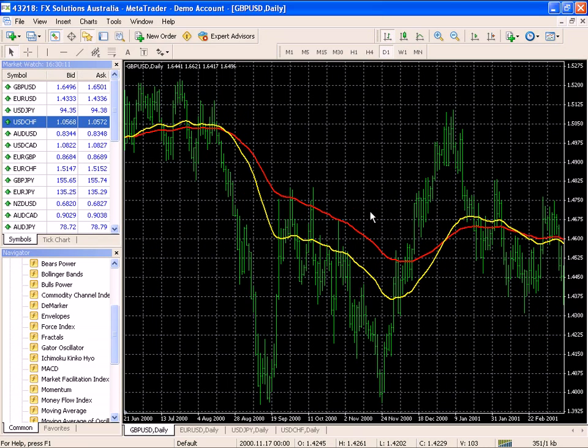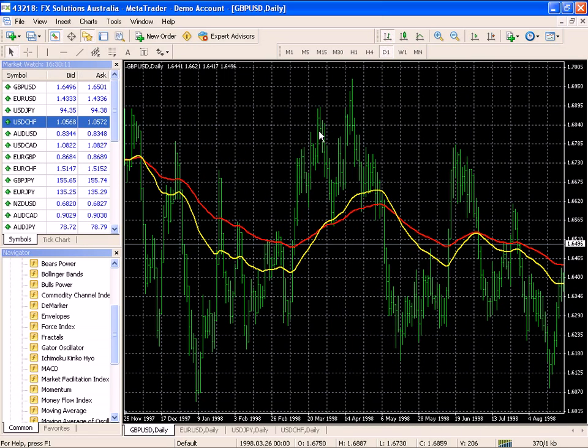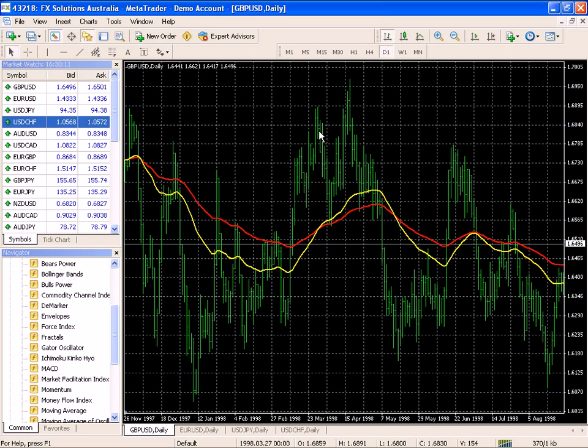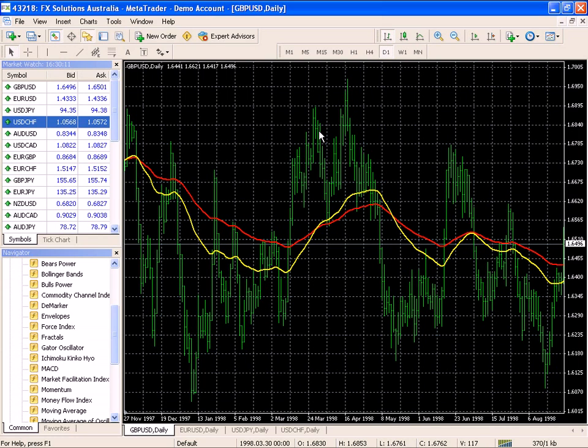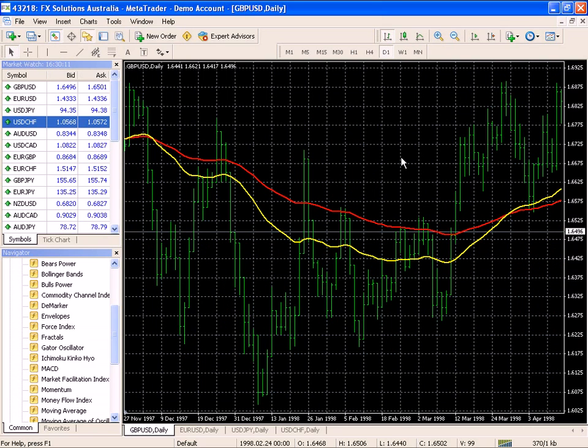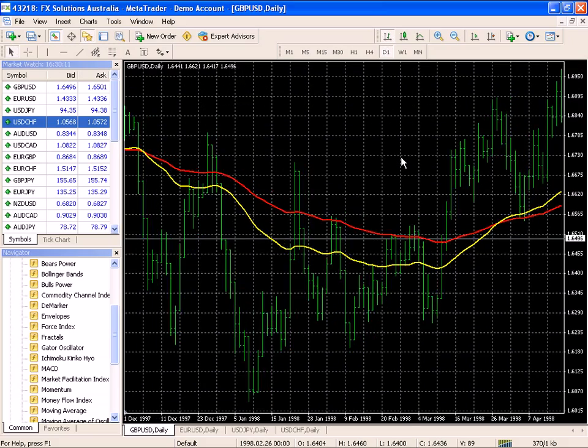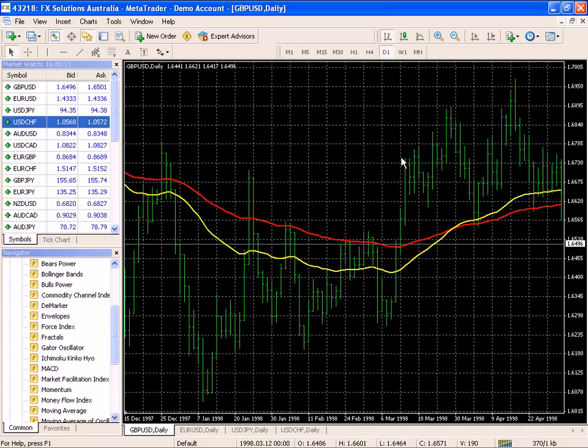Okay, what we can do, we can simulate the ticks in the market by pressing the F12 button. When I press the F12, it will move over one candle at a time. In this case, bar. Okay, zoom in a little bit closer, and let's just run through this.